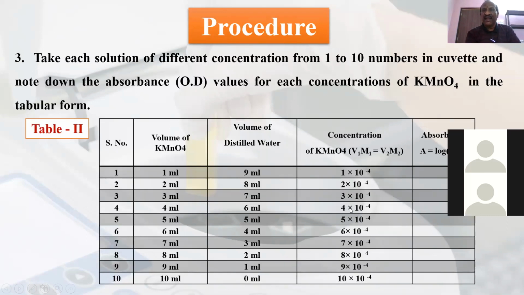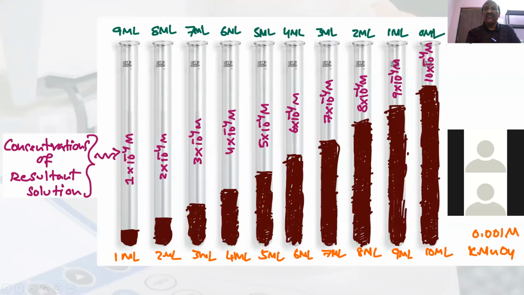That is very easy. We can take the value here by taking the first cuvette. This solution we will take, and its OD value we will write here, and then for the second cuvette we will take this solution and put it in the slot, and we will observe the OD. That OD value we can take here.